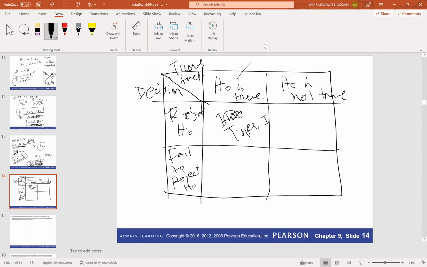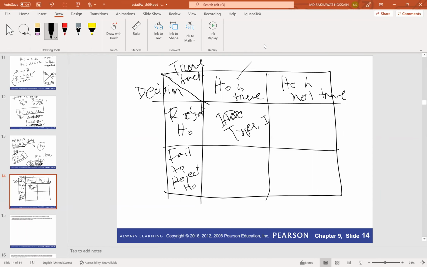This is an incorrect decision. We are rejecting the null when the null is true. This one is called type 1 error. Because the null is true, we are supposed to accept the null, not reject it. But we are rejecting the null when the null is true, so this is an error. This will be called type 1 error.